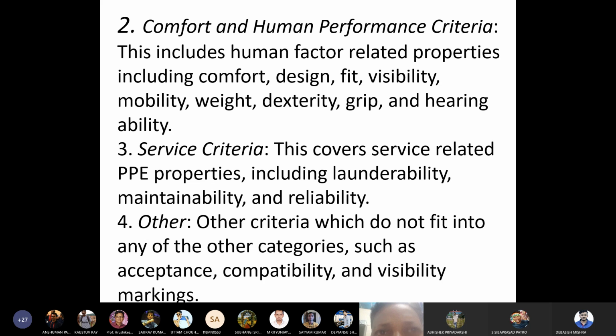This covers service-related personal protective equipment properties, including vulnerability, maintainability, and reliability.